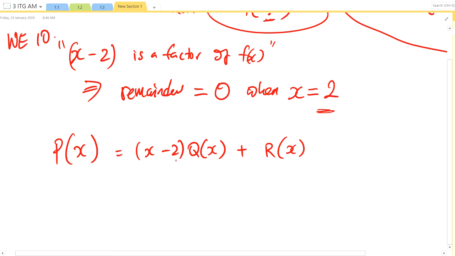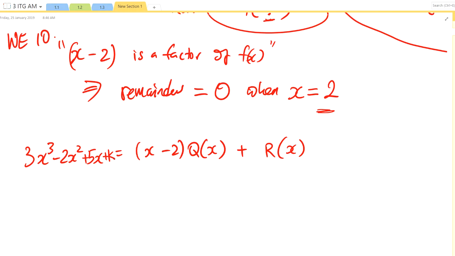What did they tell us about px? Oh, they used fx, so this is fx. What did the question say it is? Let me substitute 3x cubed minus 2x squared plus 5x plus k. Left hand side equal to right hand side.